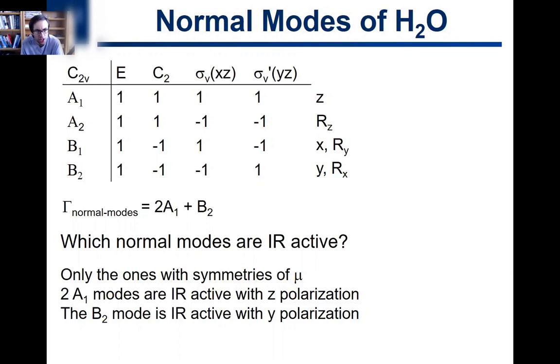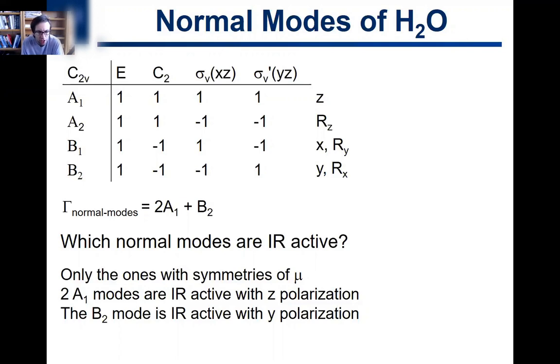Now, for most IR experiments, you're going to be using non-polarized light, so you're blasting it with a mixture of all polarizations of light. But if you wanted to do a polarized experiment, which people do quite frequently, more than you might imagine, you can get some additional information and some specificity with respect to your spectrum.